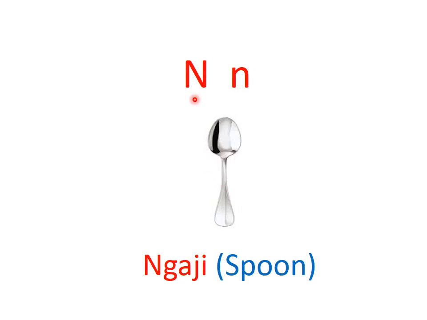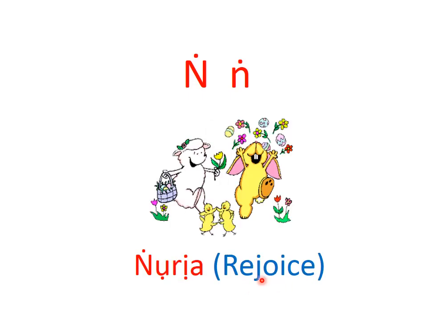Ni or depending on the usage, or ni, as in ngaji, spoon. A variation of n with dot on top, pronounced nge.